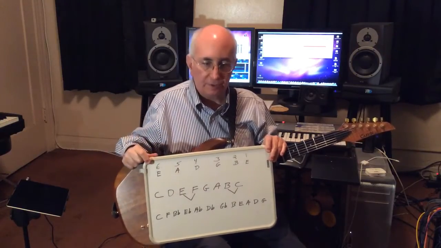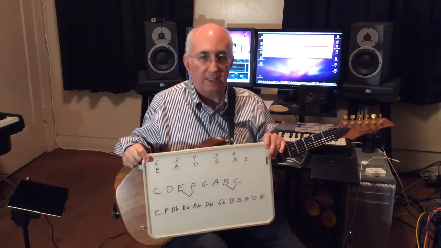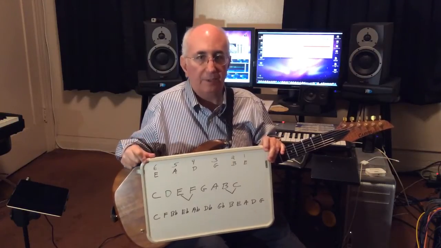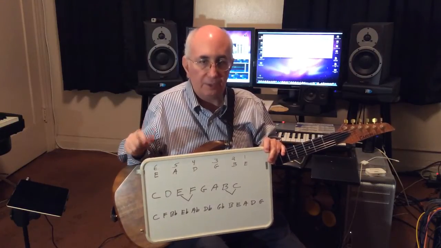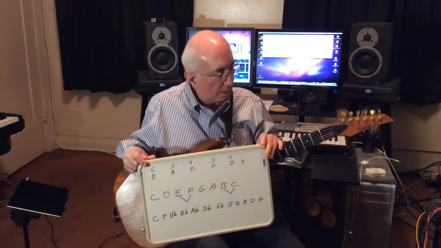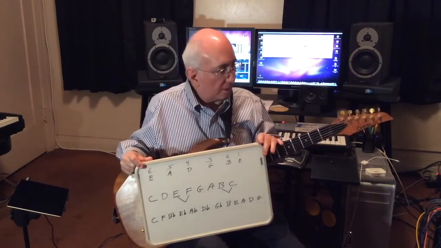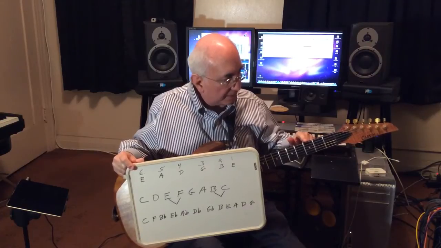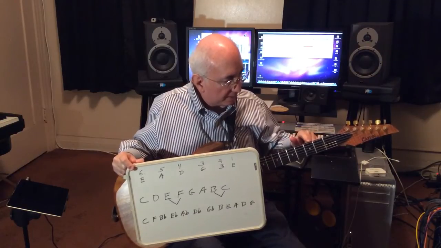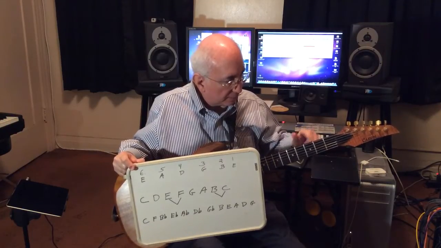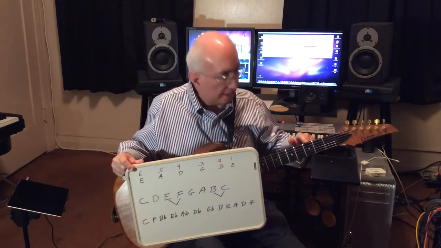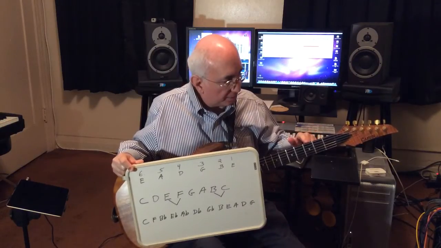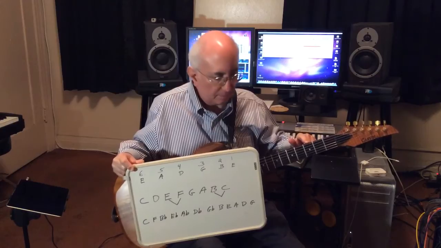Next piece of information you'll need to know is the half step and whole step pattern of the major scale. A whole step on the guitar is skipping a fret, and a half step is neighboring frets. So, for example, from here to here would be a whole step, here to here is a half step.